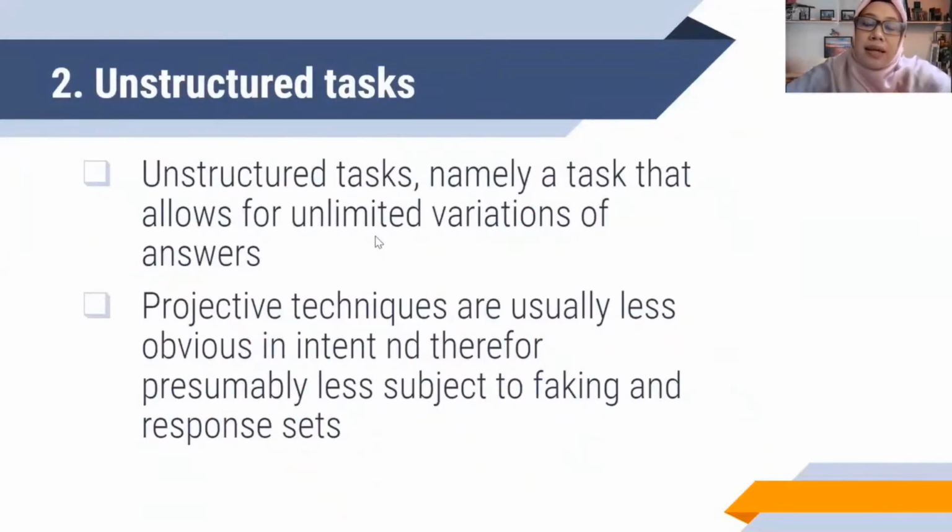This is the second characteristic, unstructured task. The task in the projective technique is unpredictable, or we can just say it is unstructured, because we don't know how our work will be reviewed by the tester.